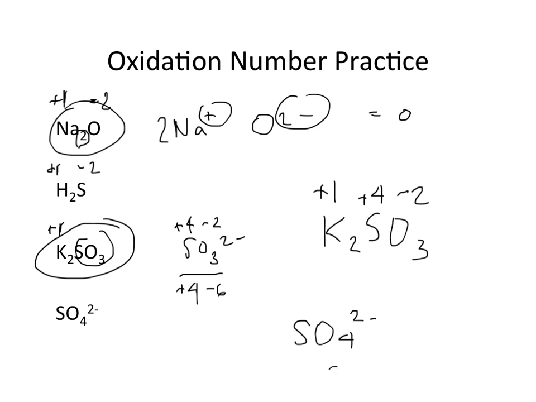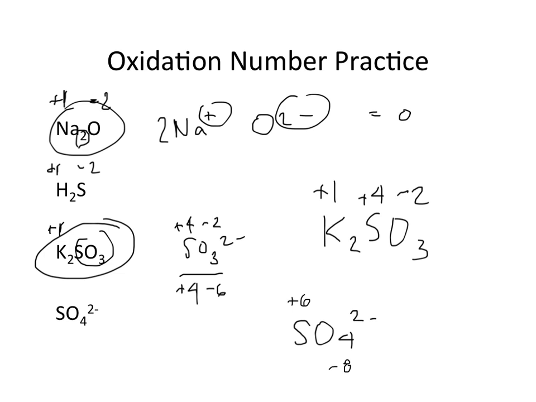2 times 4 is -8, right? The overall charge of this ion is -2. So I have to have a charge on my sulfur that balances the -8 that's coming from the oxygen, but continues to keep the overall charge of the molecule. So 2 minus is what I need. So +6 is what we're going to have here as our oxidation number, because +6 minus 8 is going to give me -2.